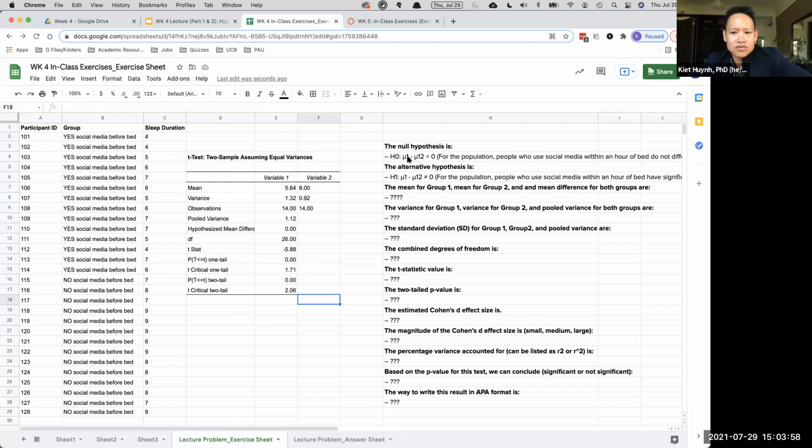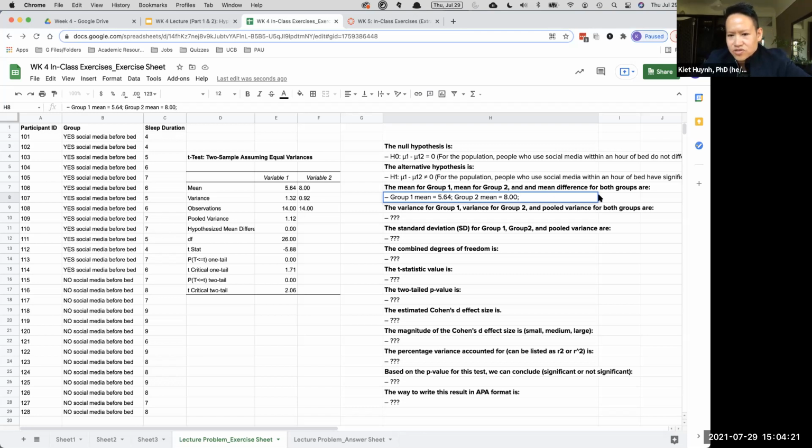All right, so what's next? The mean for group 1, mean for group 2, and mean difference for both groups. Group 1 mean equals, right here, 5.64. Group 2 mean equals, right here, 8.